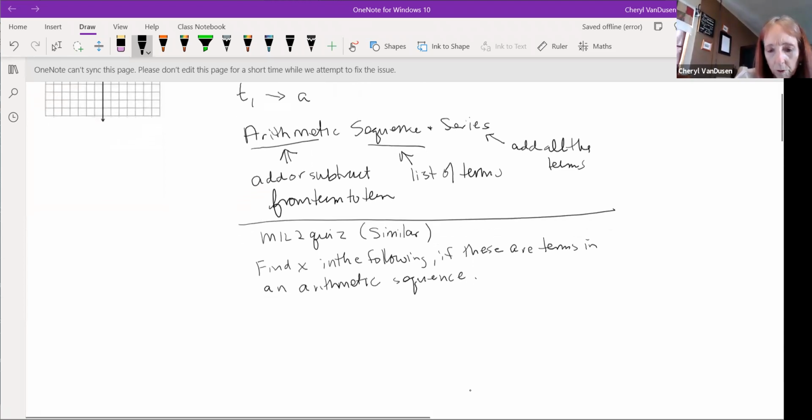Sorry, my penmanship's not the best on the board. And the terms are X plus 13 as term 1, and then 24 minus X, and then the last term is 20 plus 2X.